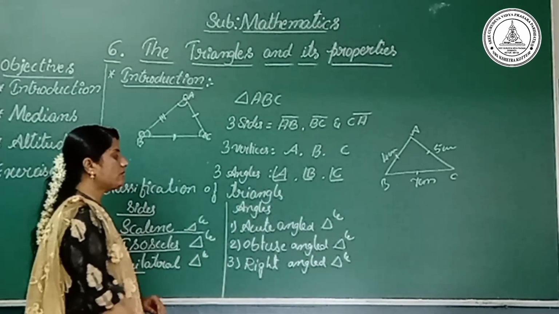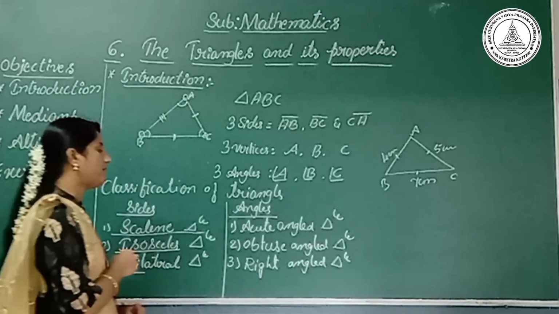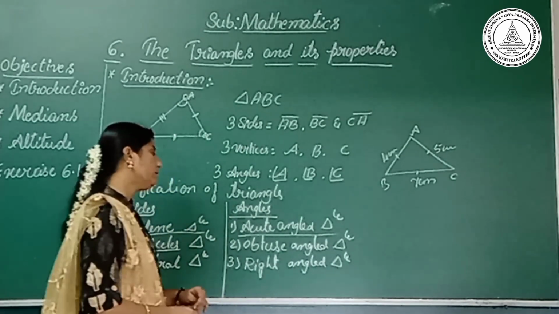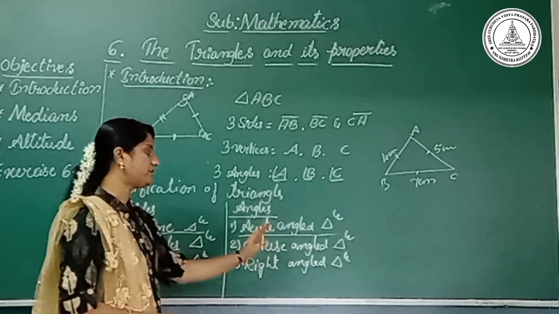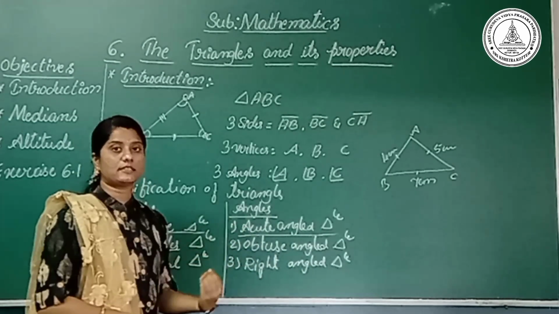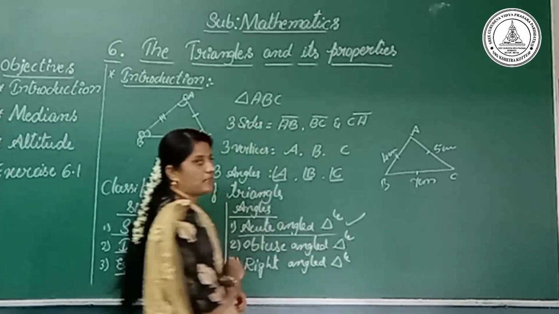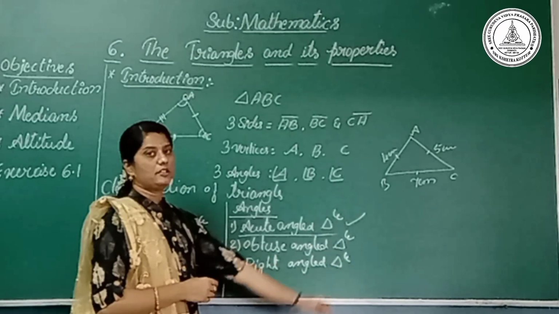Then the classification of triangles based on their angles. The first one is the acute angle triangle. A triangle in which all 3 angles measure less than 90 degrees is said to be an acute angle triangle. The second one is the obtuse angle triangle.